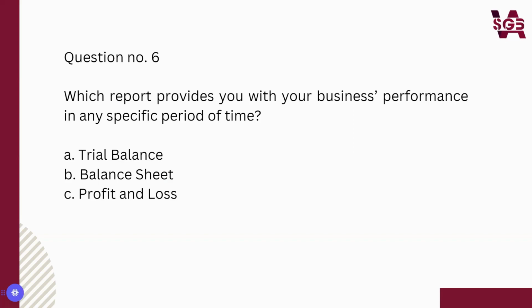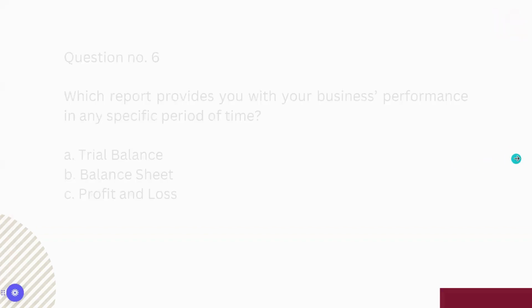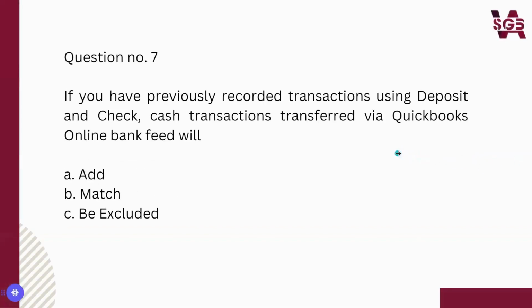Time's up. Question number 7. If you have previously recorded transactions using deposit and check, cash transactions transferred via QuickBooks Online Bank Feed will A, add, B, match, C, be excluded. Please answer.